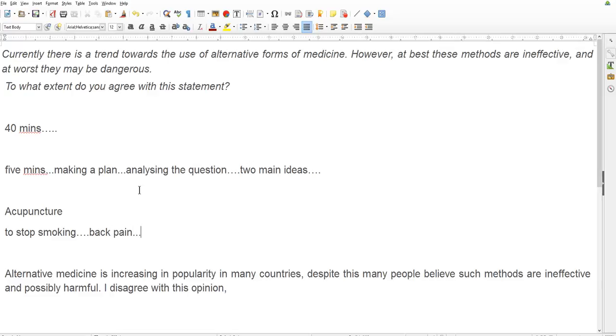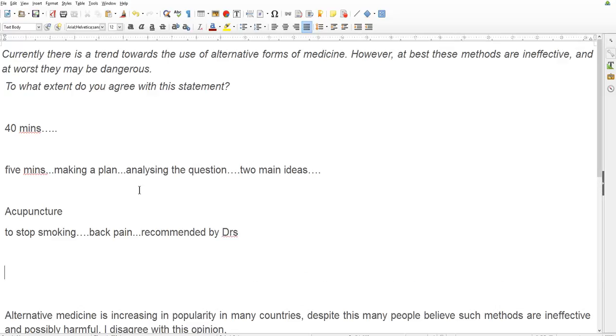Okay, and I think many doctors recommend it these days because you don't use any drugs, any medicine, you just use little pins and needles. So, okay, recommended by doctors. Right, so that's what I'm going to talk about.